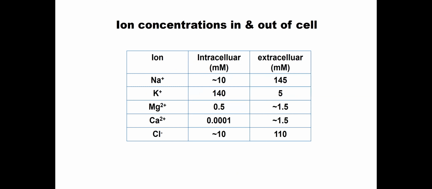Chloride ion. Chloride was higher outside. Anything else? Can you think of any? Potassium. Potassium was actually opposite. So this is some comparison of in and out. Inside the cells, potassium was higher. And then magnesium is similar, let's say.